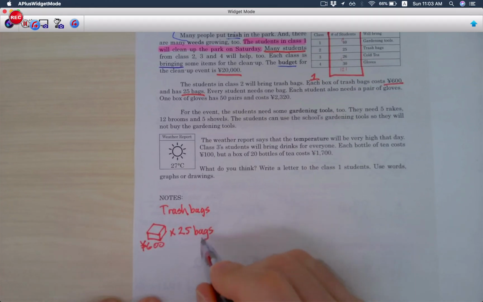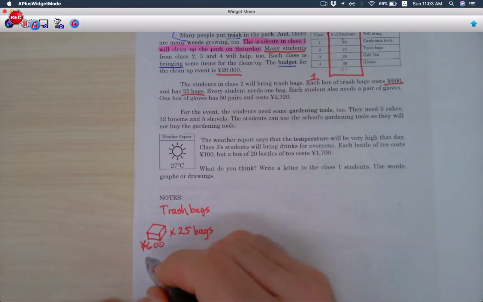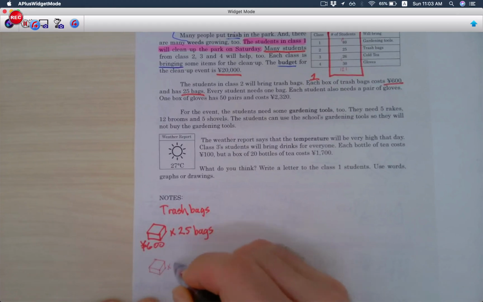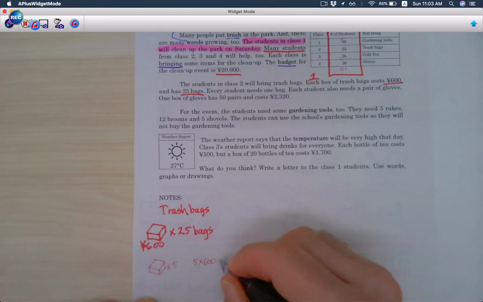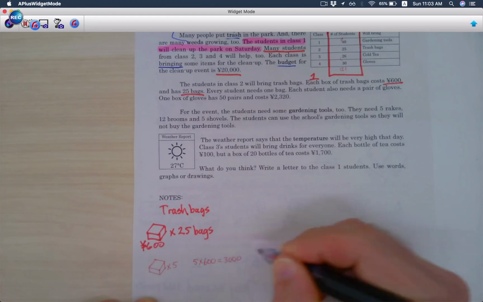I have to buy 5 boxes. So times 5 means 5 times 600 yen equals 3,000 yen.